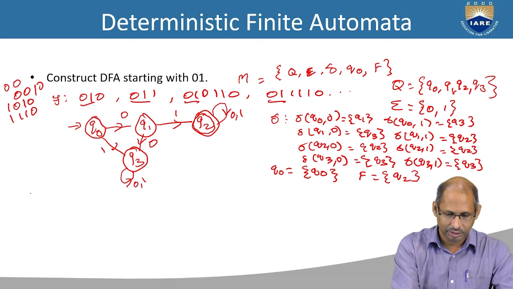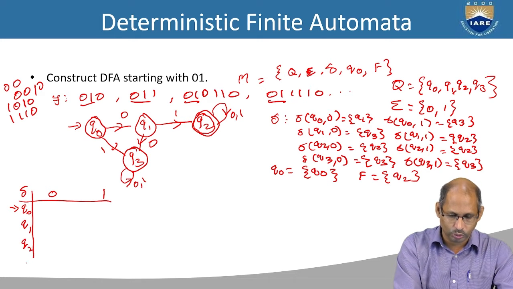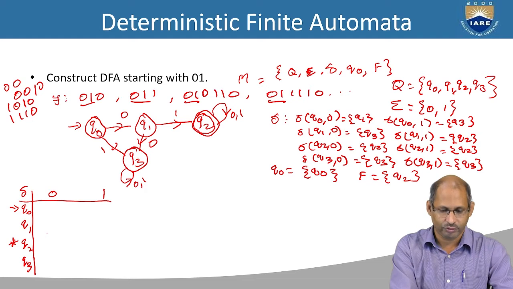Now I am writing the transition table. The symbols are 0, 1. Then initial state Q0, other states Q1, Q2, Q3. The final state is represented with an asterisk. We are putting a star before Q2.